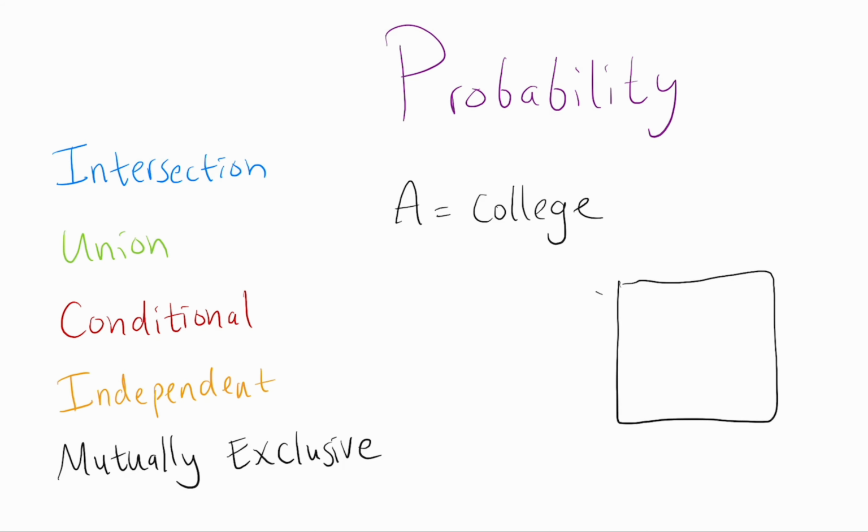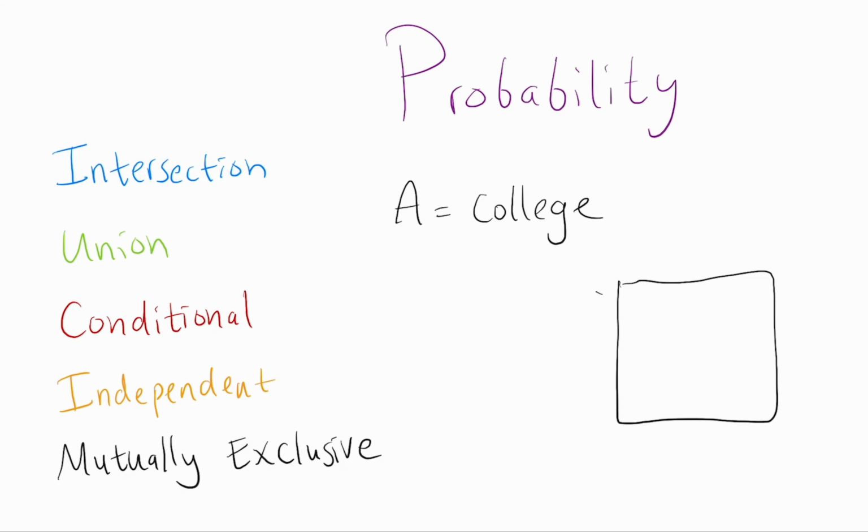All right, now notice that they might have a little bit of an overlap here, meaning if you throw a dart randomly in this 1 foot by 1 foot thing, there's a chance that it lands somewhere in this overlap region. And in that case, it is a part of event A, and it's also a part of event B. So that's like if you randomly select a person and it turns out that they have a college degree and they voted, then they're technically a part of that overlap.